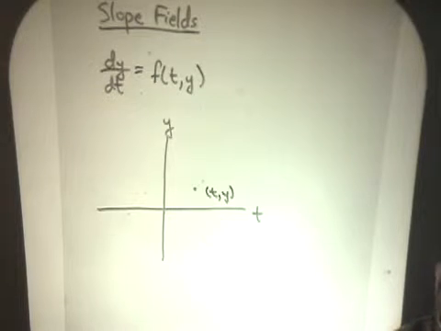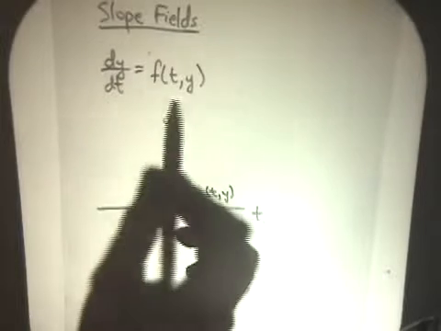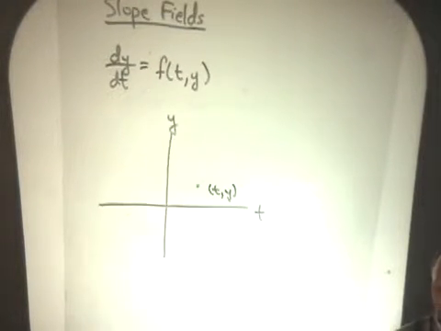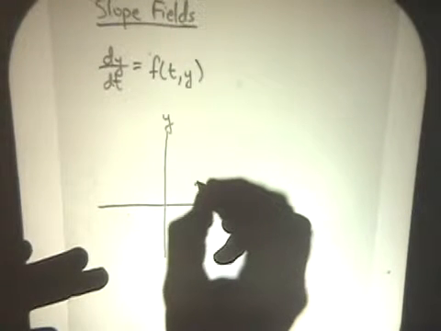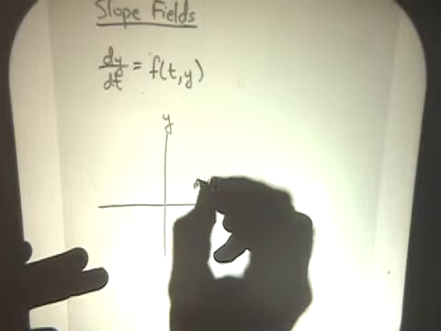So let's just pretend, for the sake of argument, that when I plug in this particular point into this function on the right-hand side, I get a value of 2. I would make a little line segment centered at this point with a slope of 2.